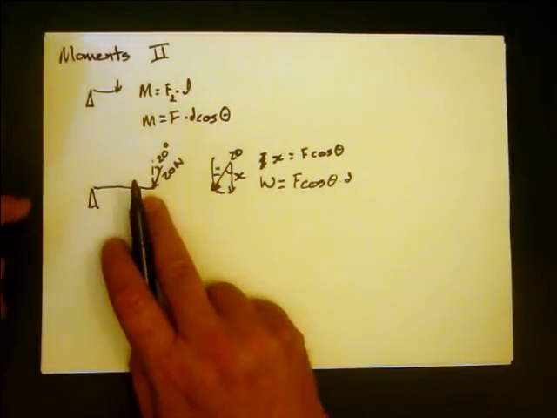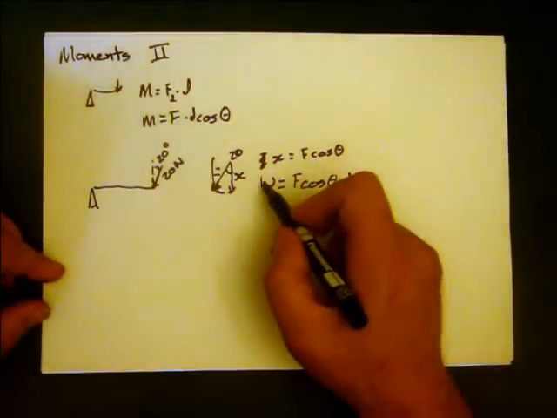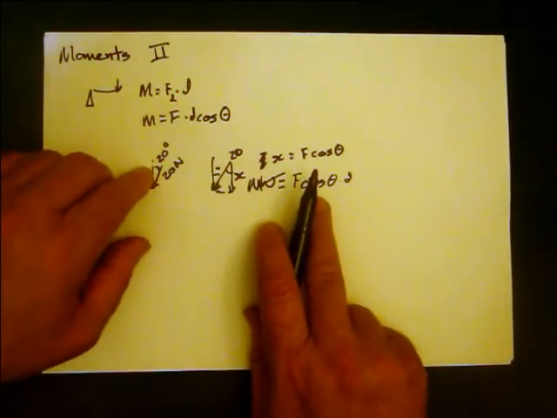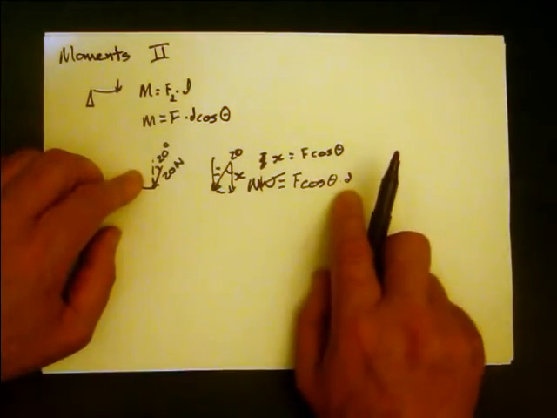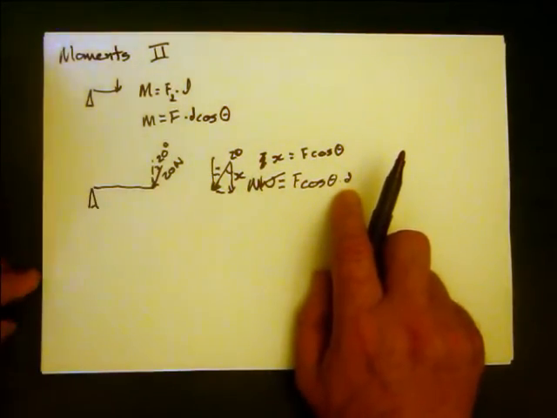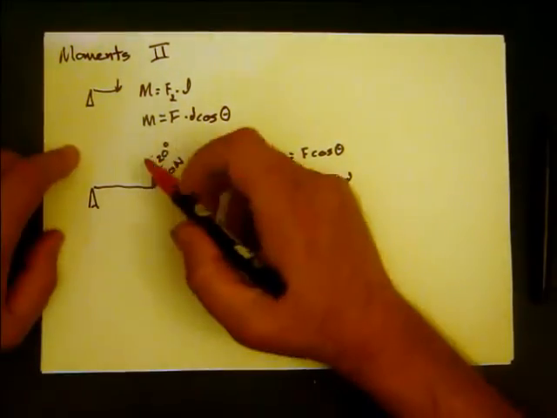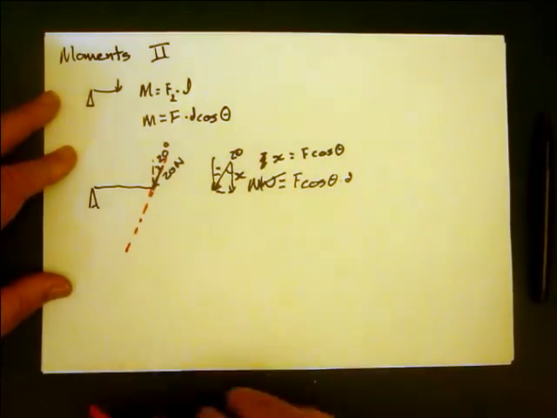The other way of doing this, sorry, it's not the work, that's the moment. Sorry, my apologies. Moment is equal to force cos theta, and the cos theta gives us the perpendicular component, times the distance.